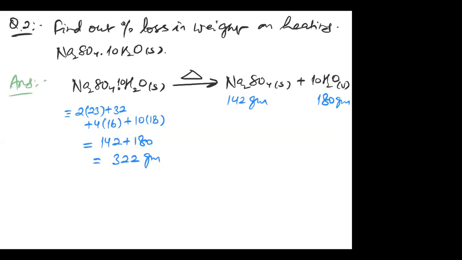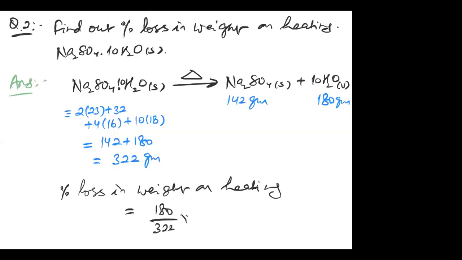And overall, the percentage loss in weight on heating should be equal to 180 out of 322 into 100. This comes out to be 180 multiplied by 100 and divided by 322, which is around 55.9%.